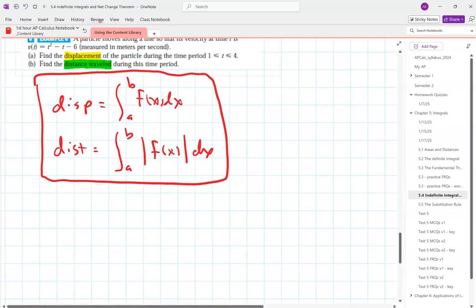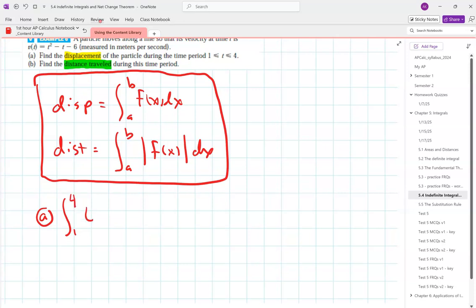All right, so let's look at this problem then. For part A, we're just going to do this integral.